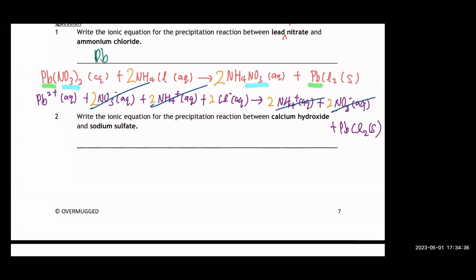I write down my lead 2+. Are we on the same page? Can you get the equation?